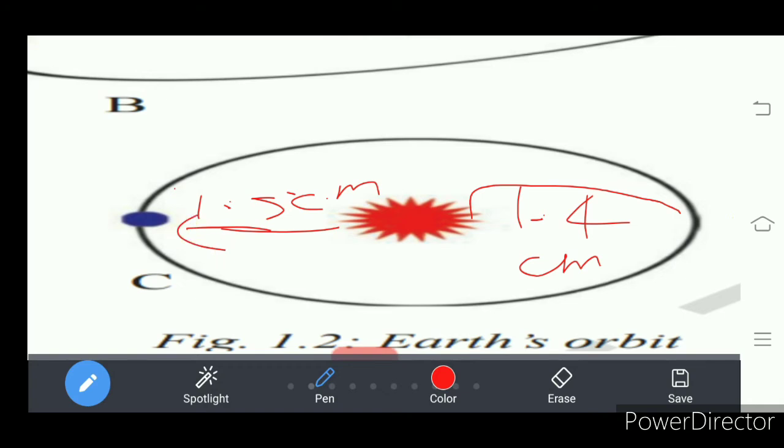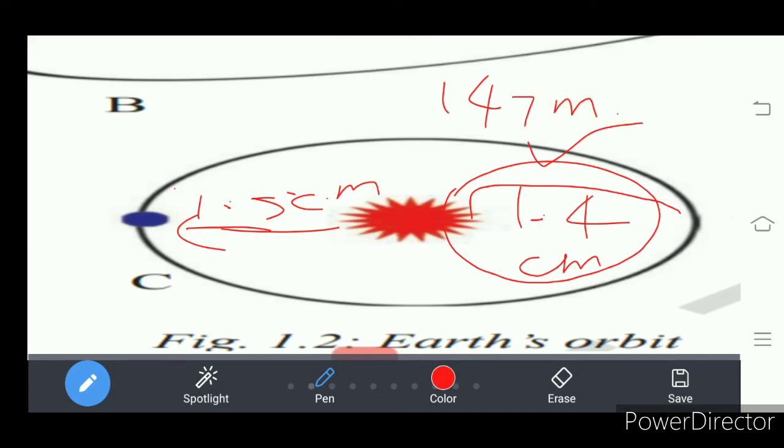That means at one position our earth is somewhat near to the sun, that is this one, which is showing 1.4 centimeters, that is equal to 147 million kilometers. That is what we call the closest point.